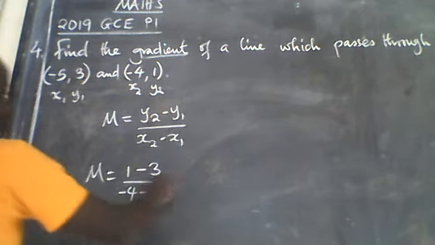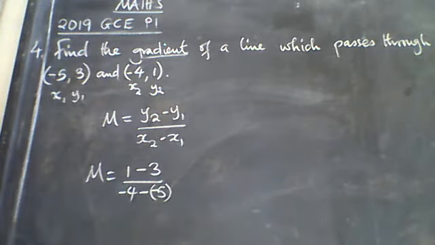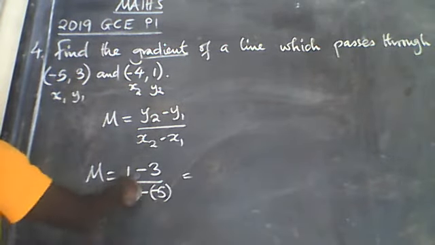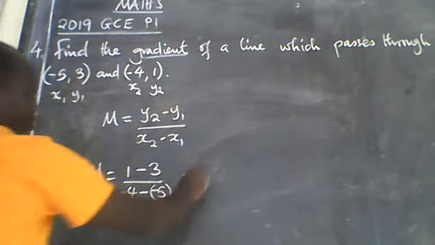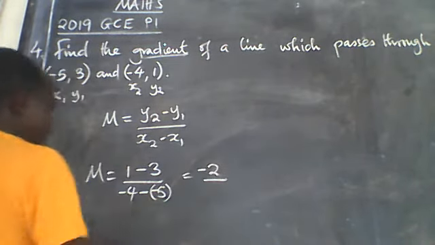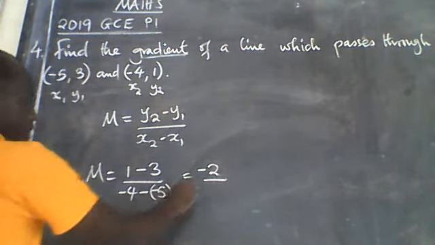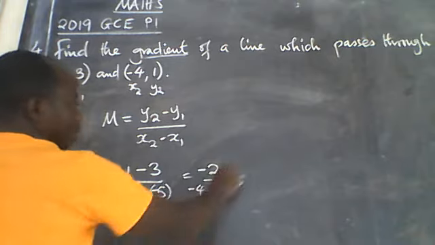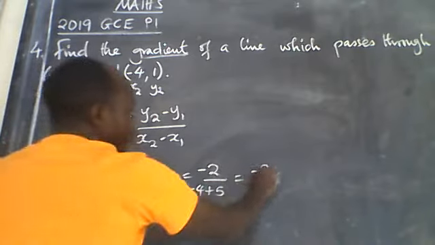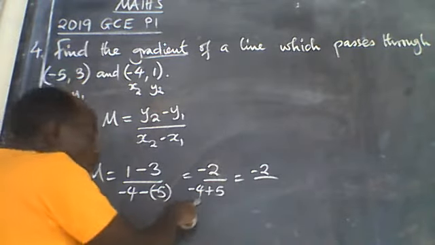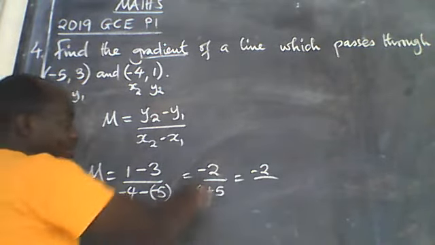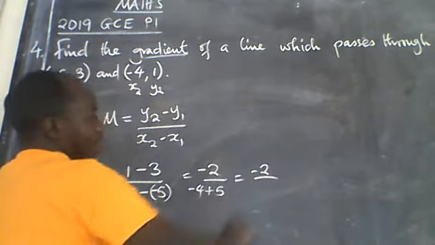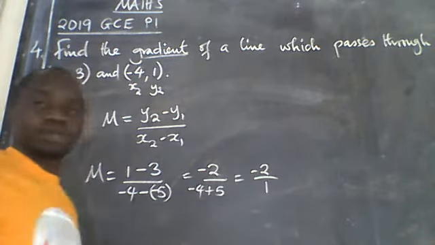Then we simplify this to have our gradient, which will say 1 minus 3, that will give us -2, over -4, negative here is +5, which will give us -2 over -4 plus 5, that will be a 1, okay.